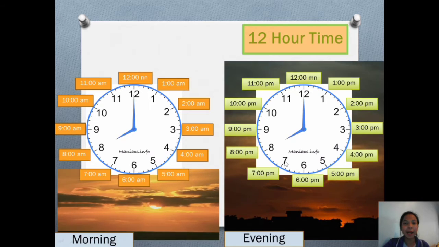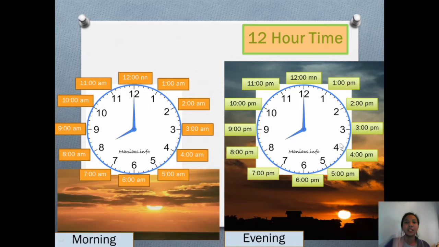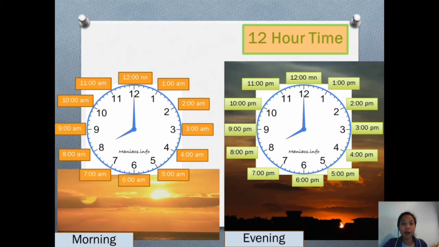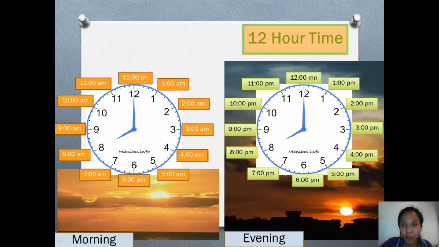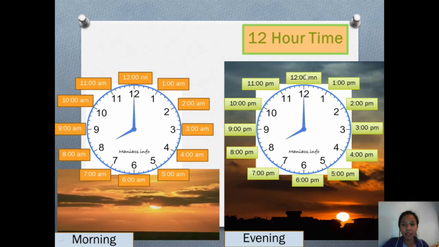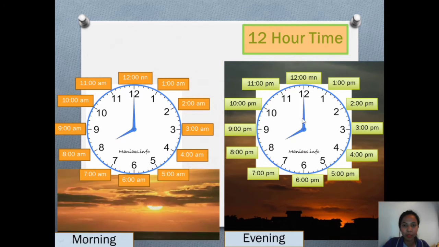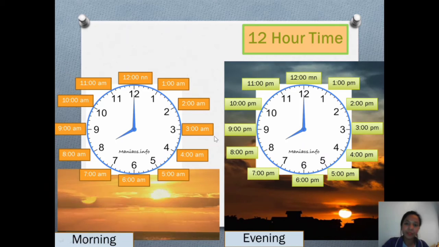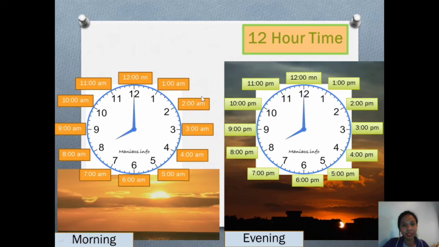So this is about 12-hour time, which means you will read or write the time on a 12 basis. Right after the 12, you will write 1 again, as you can see here, from morning to afternoon or evening. It's just the same numbers.